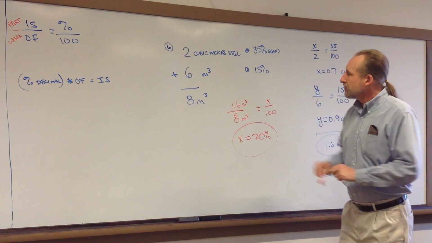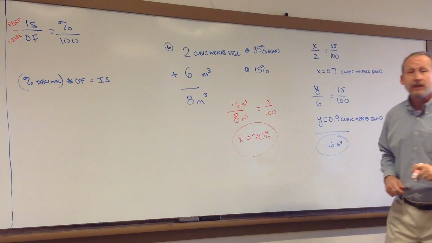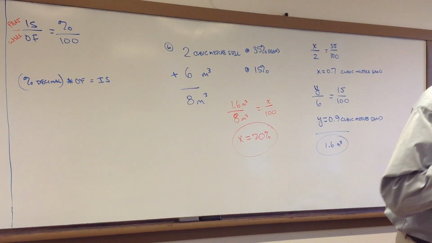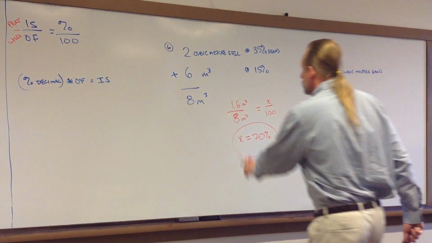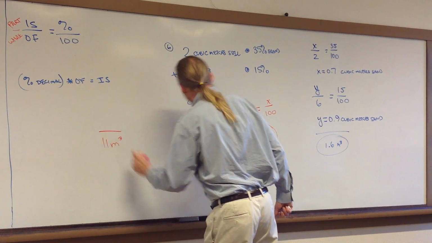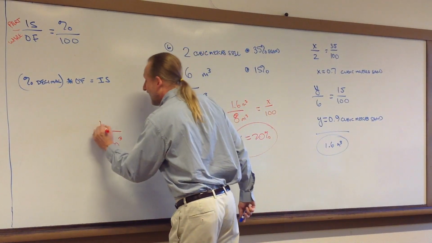We've got 8 cubic meters of soil. 1.6 cubic meters of it is sand. Now we're going to add to that another 3 cubic meters of sand. So yeah, the denominator is definitely going to be 11. The numerator is going to be 4.6 because we're adding sand.